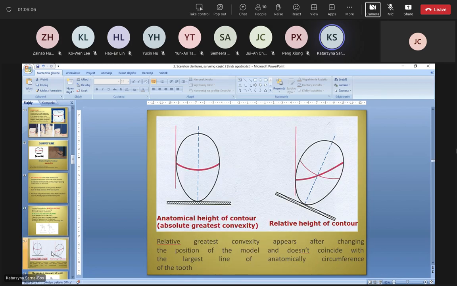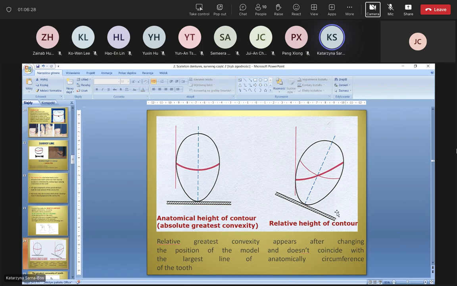To understand this situation better, I will show you an example with an egg. Imagine that this is the tooth. It has the anatomical height of contour, the absolutely greatest convexity in a given horizontal plane.